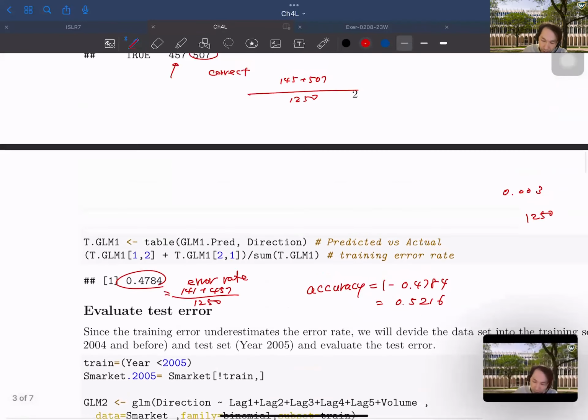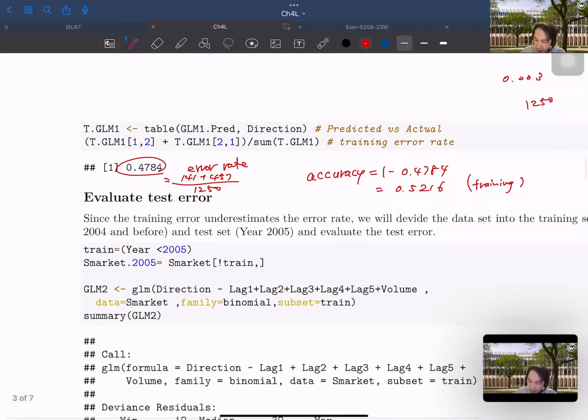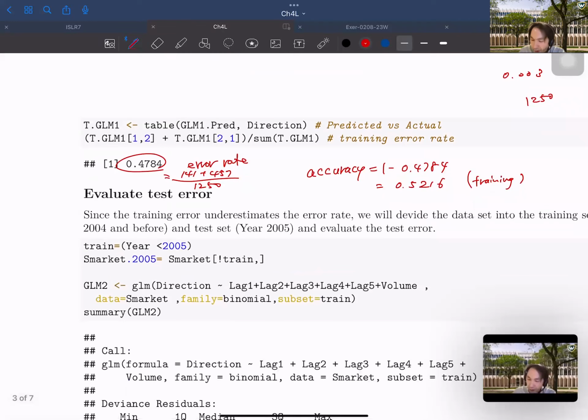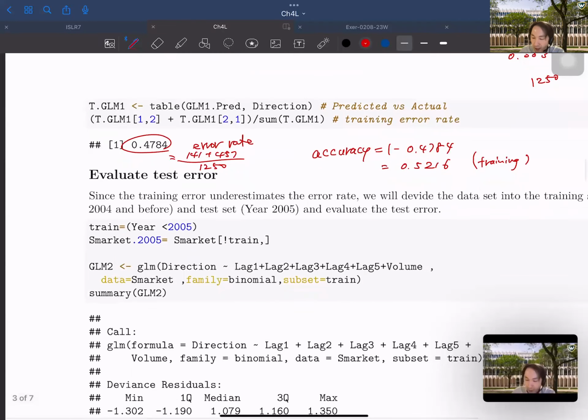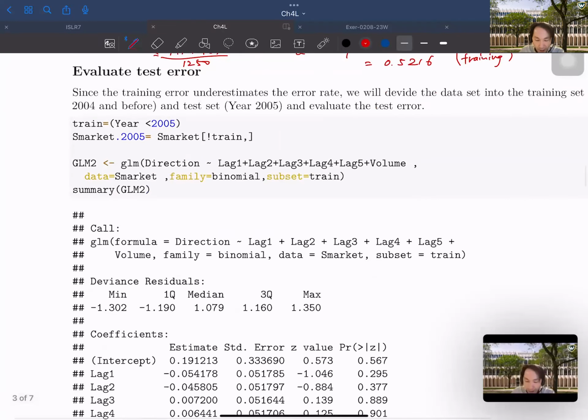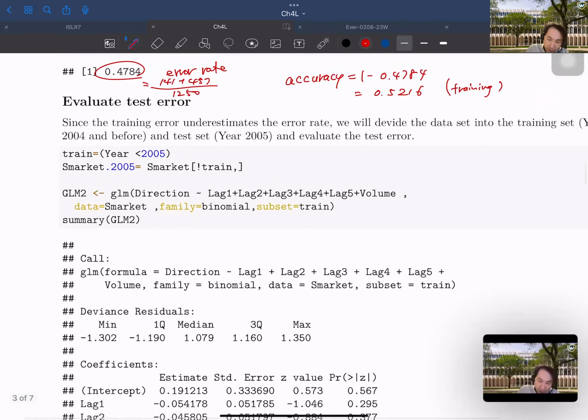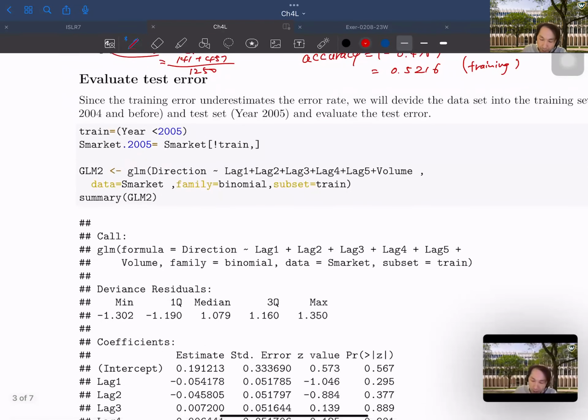Also note that this is the training accuracy. We use the training data to estimate the model, and we use the training set to evaluate the performance. So usually it overestimates the performance, and we want to use the test data set.